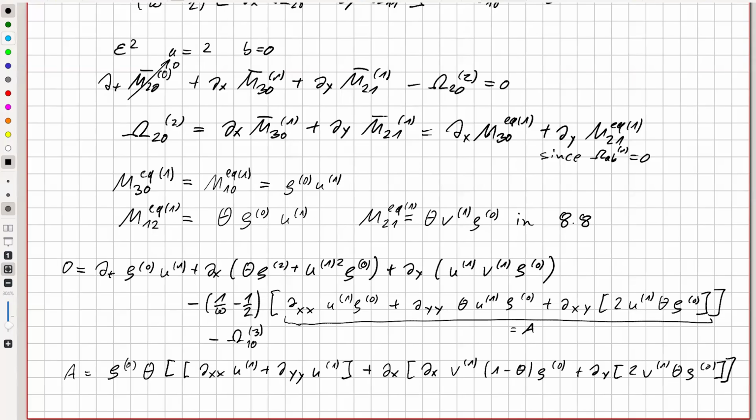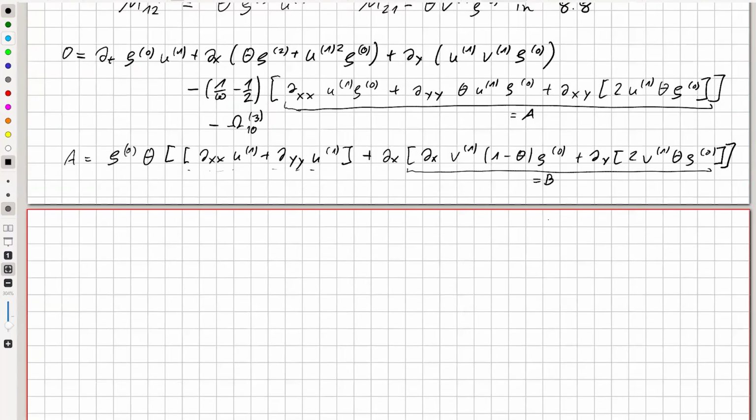Now this here is what I want to have. This here back here, this is what I don't want to have. So I call this guy here B. And since I don't want to have it, I say that B is supposed to be 0. And what I'm going to use is that we know from this expansion that we made that to first order the divergence of u is equal to 0.